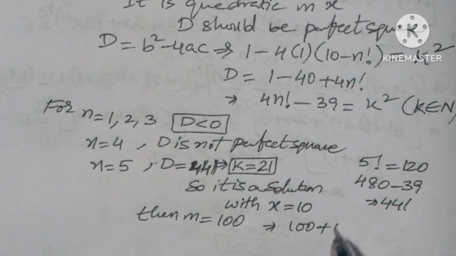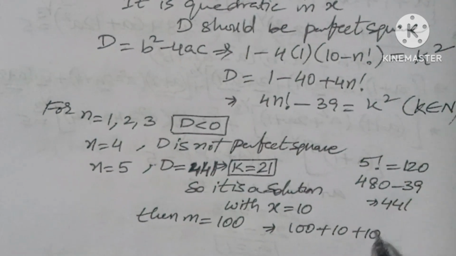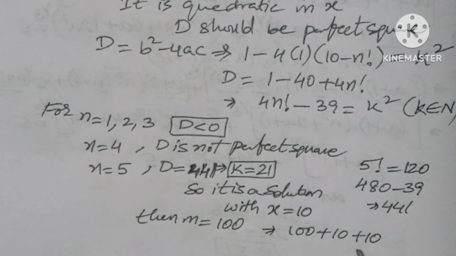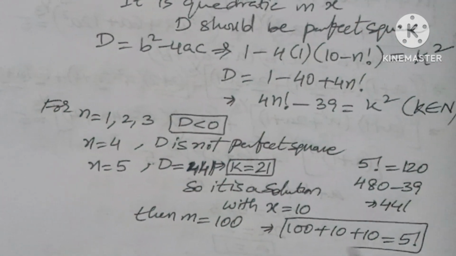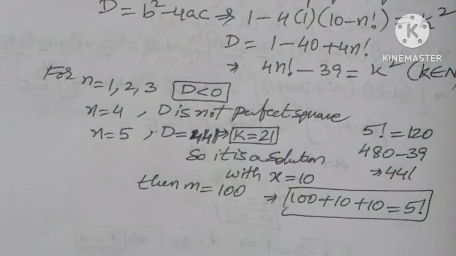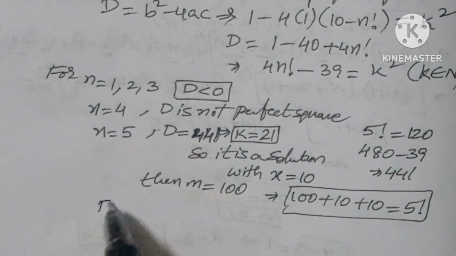Check: 100 plus 10 plus 10 is equal to 5 factorial.